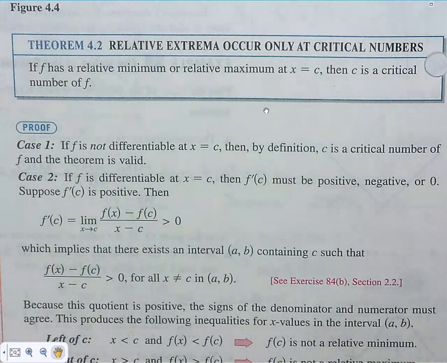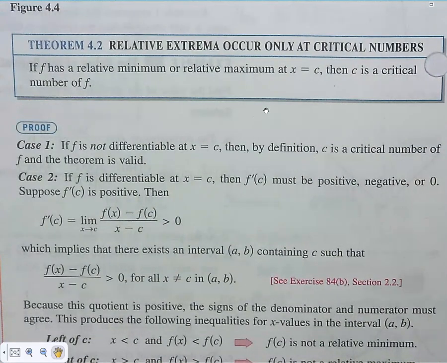If there's a relative max or min, it can only occur at a critical number. It can occur somewhere the function's not even defined, right? But it can occur at something that makes the derivative 0 or makes the derivative undefined, as long as that doesn't make the original function undefined.